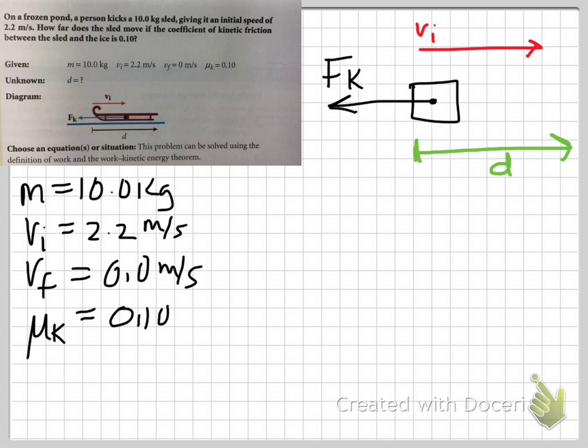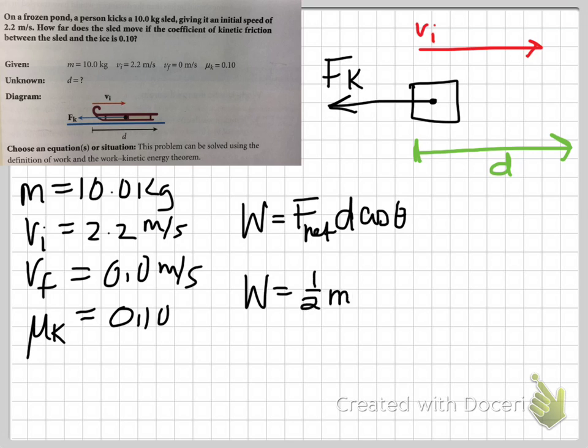Okay, so let's start out with what we've got. We know that work done on the sled equals the net force on the sled, times its displacement, times cosine theta. In this case, what's theta going to be? They're opposites, 180. We also know that the work done on the sled is equal to 1/2 the mass times the final velocity squared minus 1/2 the mass times the initial velocity squared.